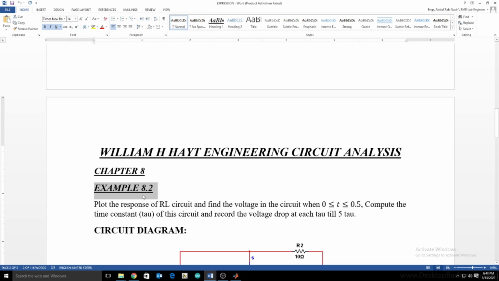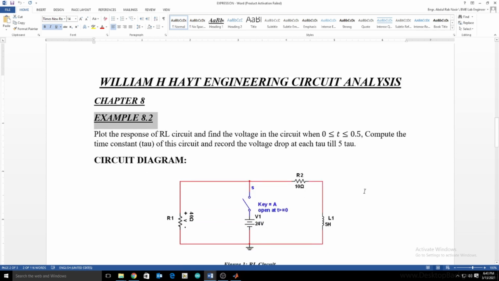till 5 tau. So here we have a circuit diagram, and in the circuit you can see that t is greater than or equal to 0. At that time the switch is open. When t is less than 0, the switch is closed and voltage and current are provided by this battery.